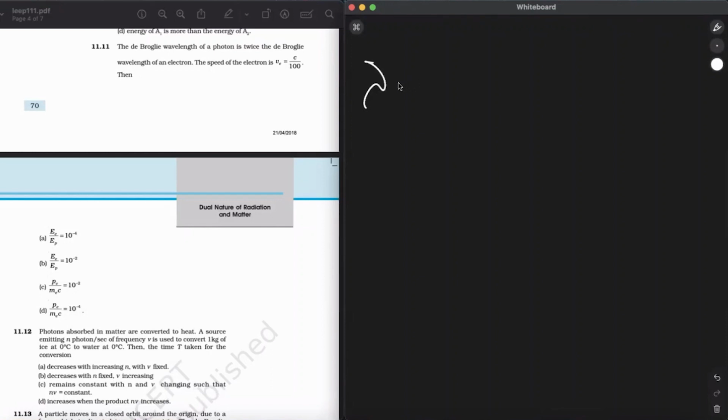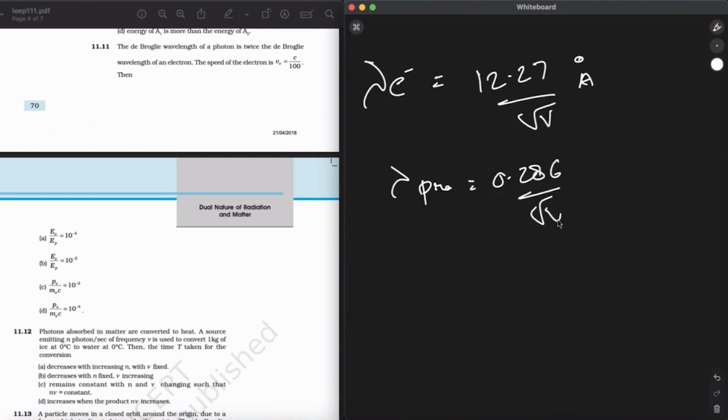These are also ways that we can describe it. For electron, I can write it as 12.27 upon under root V angstrom, and for lambda proton, 0.286 upon under root V.